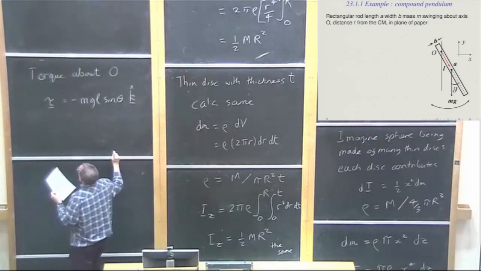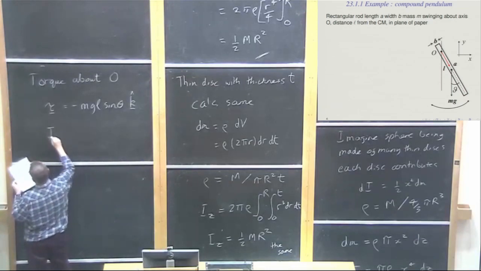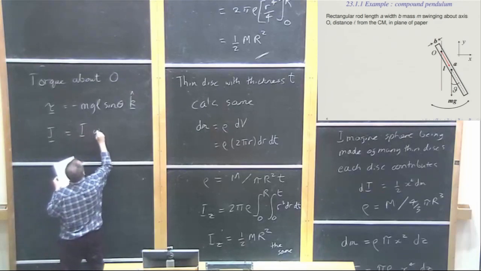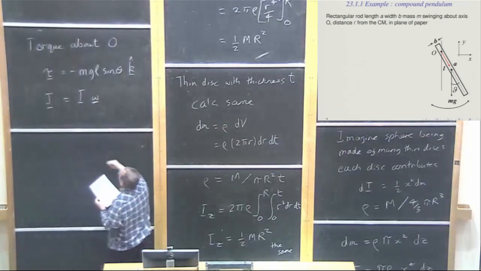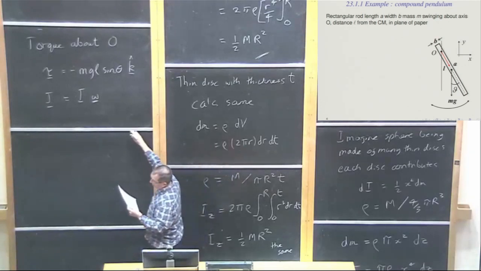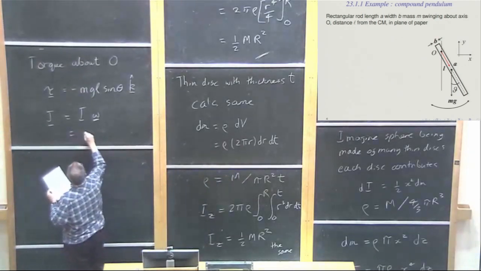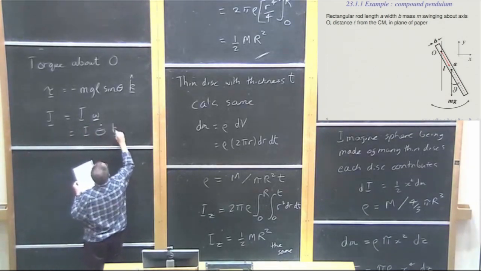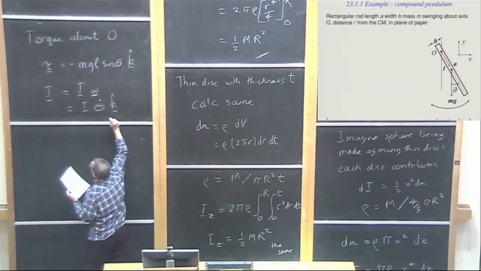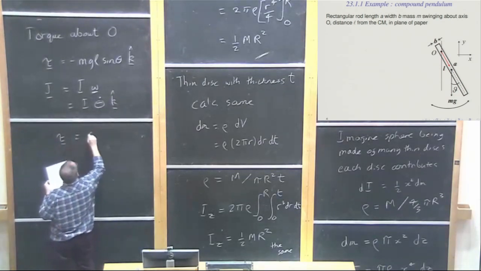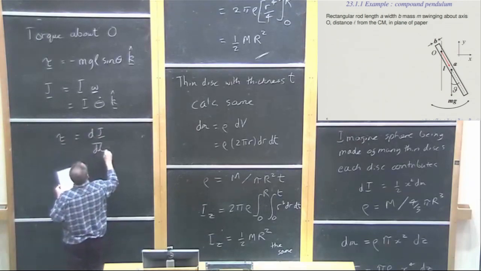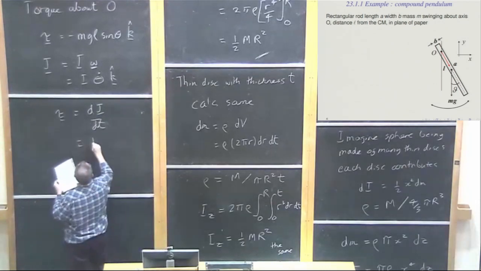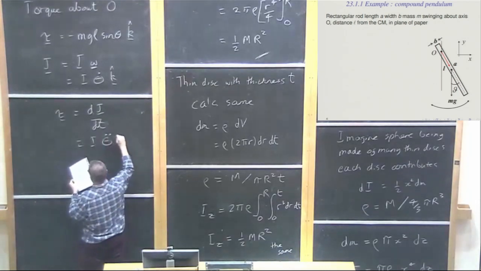We want to know what the angular momentum is, so J is going to be given by I omega. We know what I is, but we haven't written out the full expression yet. And I can write omega as theta dot in the k direction. So we know that torque is equal to the rate of change of angular momentum, which is I theta double dot k.